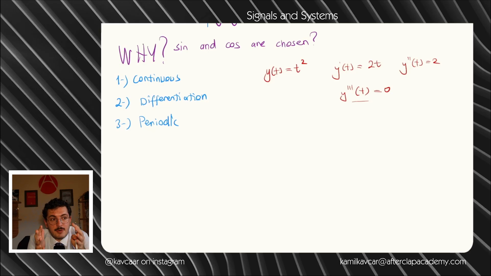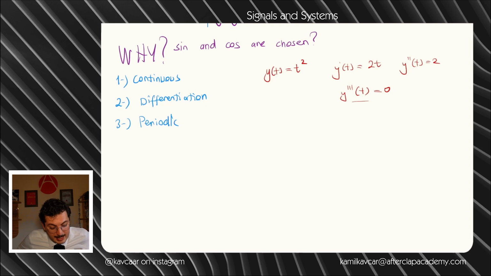So sine and cosine have no surprise for us in the future because we know how they act between 0 and 2 pi. So I wouldn't be worried about 8 pi or 10 pi, because I know how it acts between 0 and 2 pi. That's why they're pretty useful. That's why we are choosing sines and cosines as building blocks.